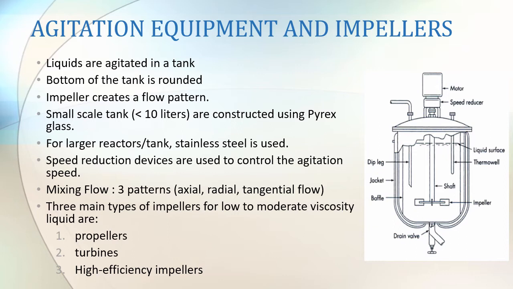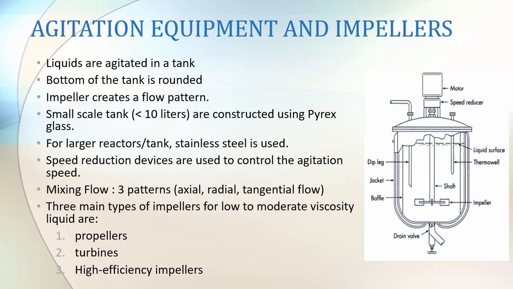When we are talking about mixing, we will be mentioning the type of flow in mixing. We can have three types of flow patterns, which are axial, radial and tangential flow. These three main types. In order for us to have these three types of flow, we will use what we call an impeller.